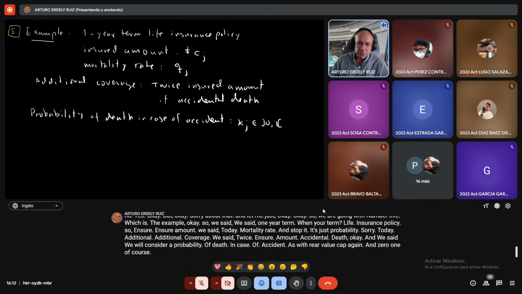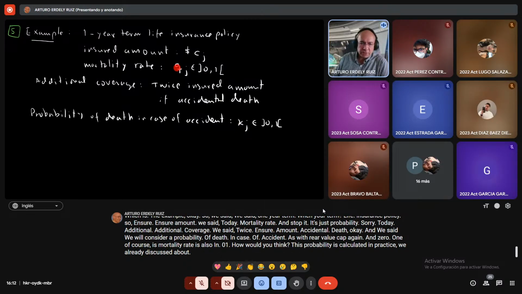Of course, this mortality rate is also in 0, 1. How would you think this probability is calculated in practice? We already discussed about the mortality rate, but what about this one? How do you think? Historical data?